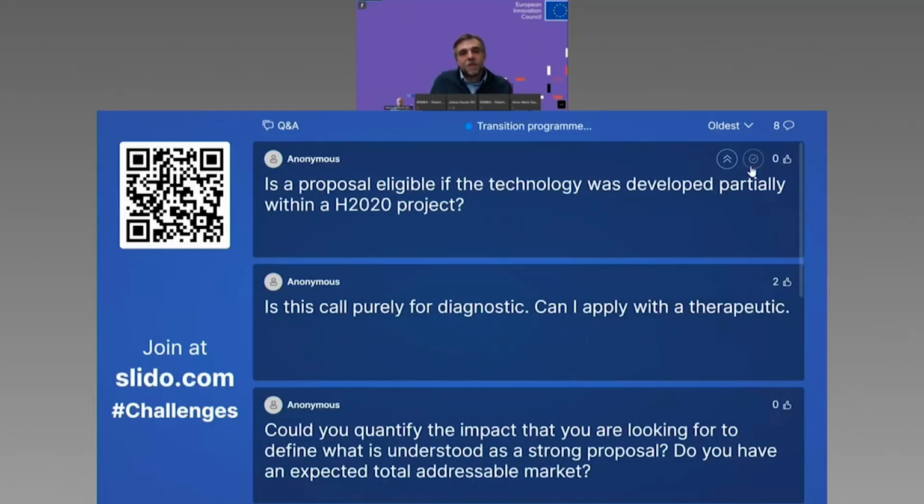Is a proposal eligible if the technology was developed partially? I'm not sure what this refers to. Do you understand, Mark? Maybe it refers to the fact that the project ended one year ago, and the team or the consortium progressed in the development and came out with something much different than what was initially in the H2020 project.